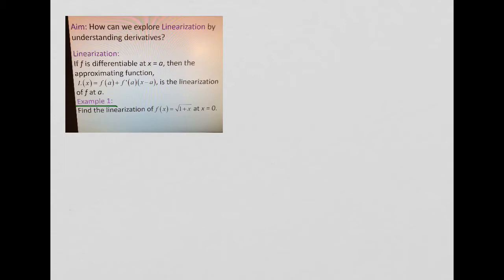So what we're going to do is find f prime of x, because we do need to have the derivative. It's the slope in our line. And so if we use our power chain rule, we now need to know what it is when x is equal to a.